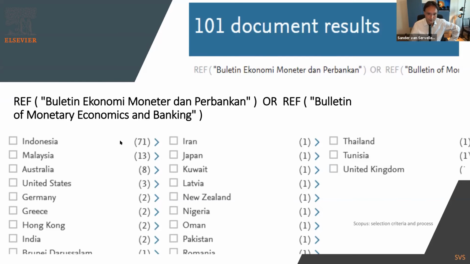And also we saw that those papers were not only from Indonesia, but also some of the authors were affiliated to other countries. So that suggests that the impact of the journal is not just within the country, but there's some international impact there. So my advice to them at the time was, I think in terms of citations, it was quite positive.